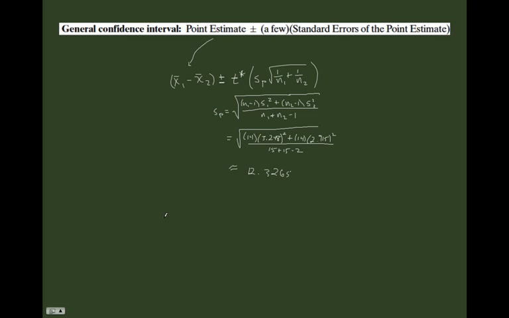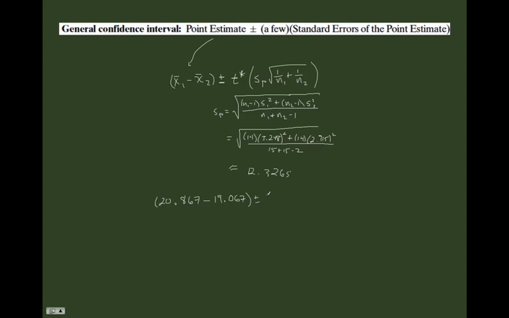So when I go to calculate the actual interval, what I would do is replace x bar sub 1 with 20.867, which was the sample mean for the first clinic, minus 19.067, which is the sample mean for the second clinic, plus or minus. Now I've got an issue here.